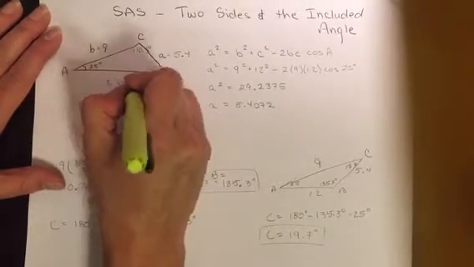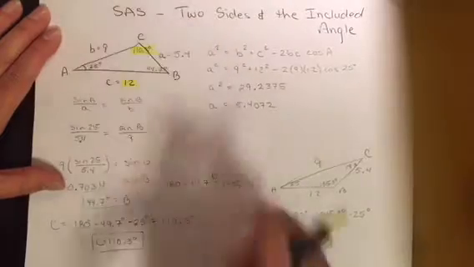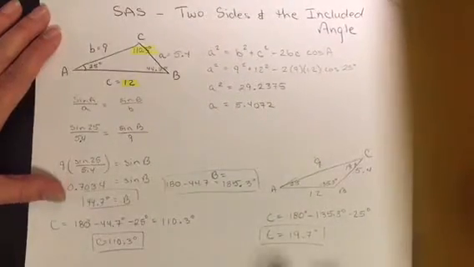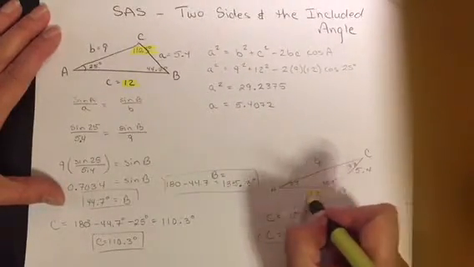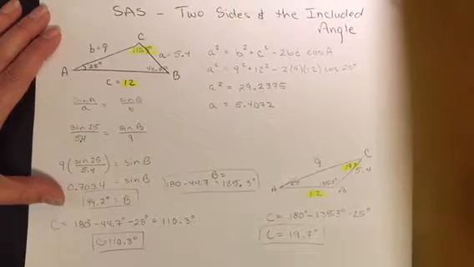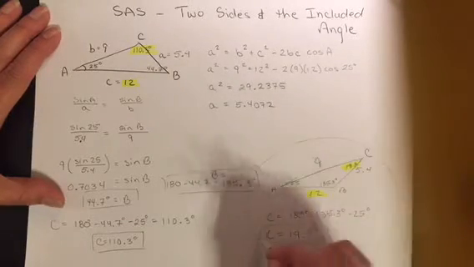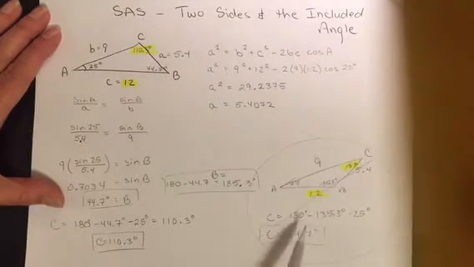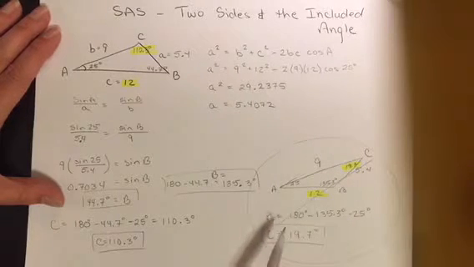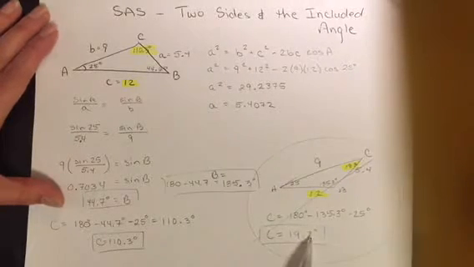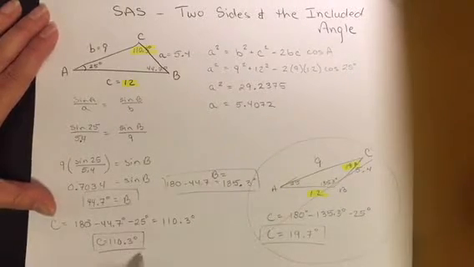So the longest side must correspond to the biggest angle. So if I look down here, the longest side does not correspond to the biggest angle. So this is not the correct solution because it doesn't make sense. It doesn't follow the ratio rules. So I do have to find both of these solutions, but then I have to determine which is actually correct.